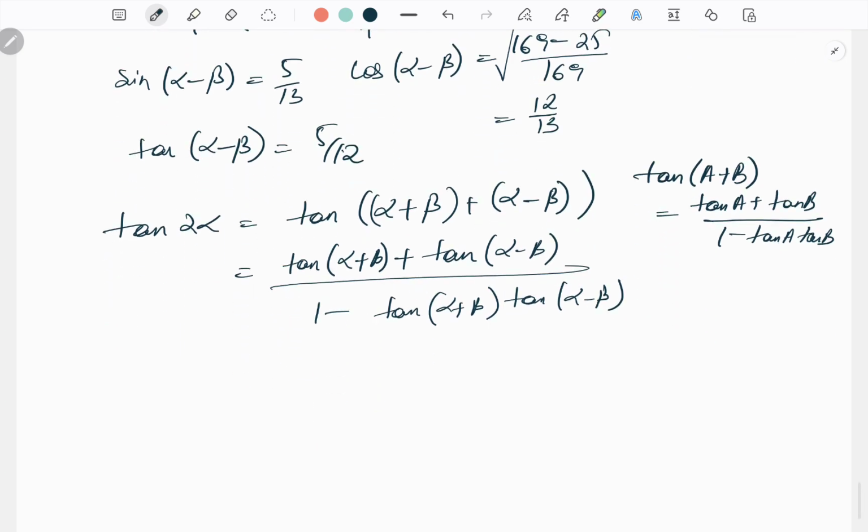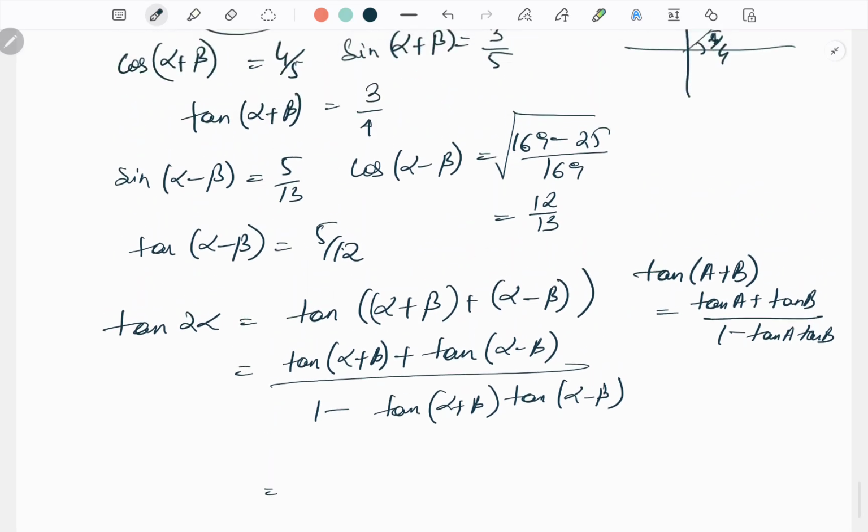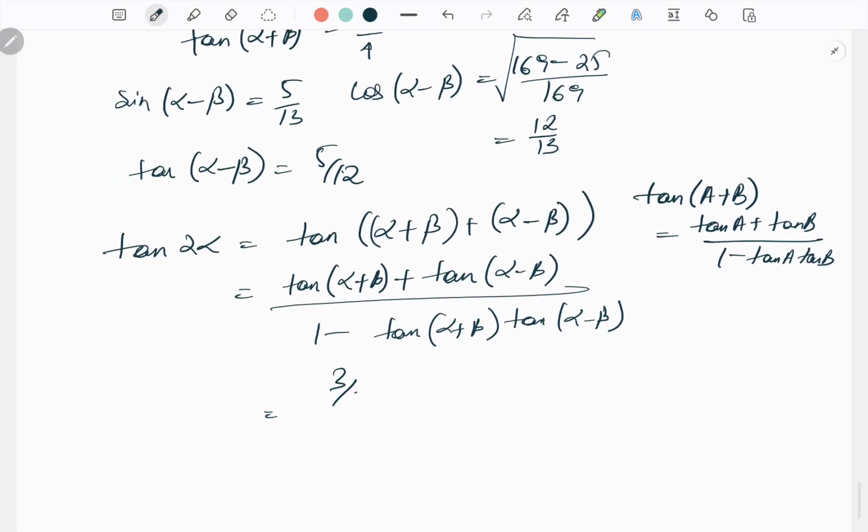So what is the value of tan a? Tan a is nothing but tan alpha plus beta, which is 3 by 4. Tan alpha minus beta is 5 by 12, and this will be 3 by 4 into 5 by 12.